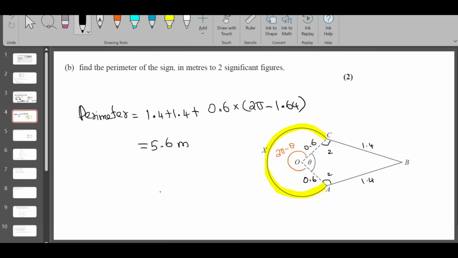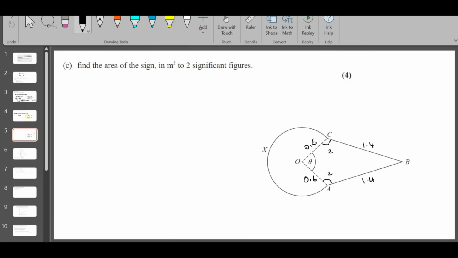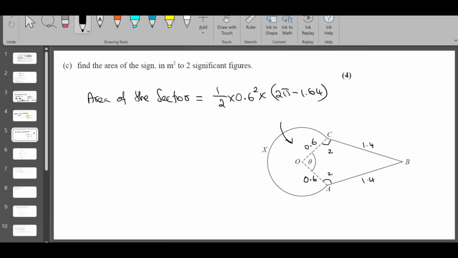meters. That's the perimeter. Let's move on to part C now. Find the area of the design in meters squared to two significant figures. So let's find the area of the sector first. Area of the sector is half r squared theta. Theta is 2 pi minus 1.64, right? That's the area of the sector.